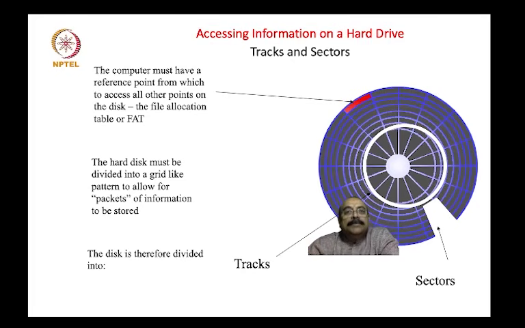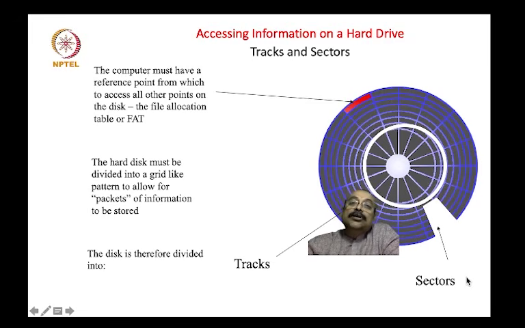So it will identify that cluster number and go there, even when the hard drive is moving at 7200 rotations per minute, so fast. The head, the reader and writer, will go and bring that data even with such speed, because it has an address, and the address is connected with the sector number. Sector is the physical address.